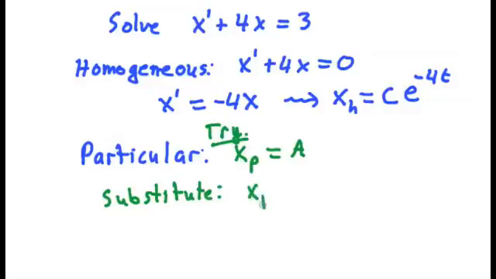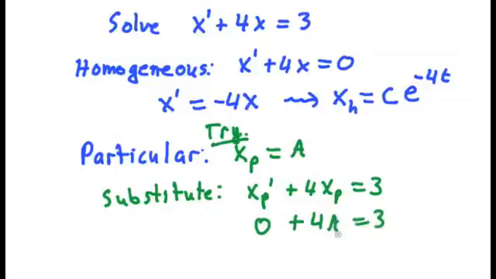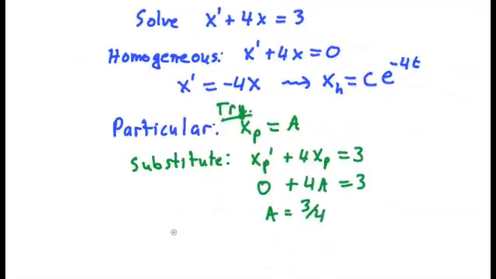So I need xp prime plus 4xp equals 3. And when I plug in my constant, the constant has derivative 0, plus 4 times a equals 3, or a equals 3/4. So I now have my particular solution. I only wanted one of them.